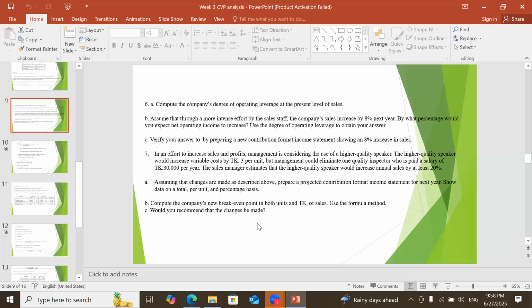Not only does net operating income increase, but also break-even point, net operating income, CM, margin of safety, every strong zone of the company is improved. So you have to recommend to continue this procedure. This is the actual comment of this math.